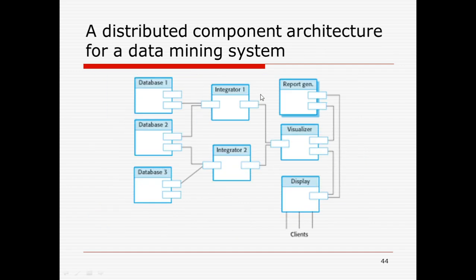Now here is an example distributed system architecture for a data mining system. There are three databases: database 1, database 2, database 3. There is a component which integrates the databases, and there is also another integrator. Integrator 1 and integrator 2 basically integrate these database components, and then there are the report generator, the visualizer, and then the display.